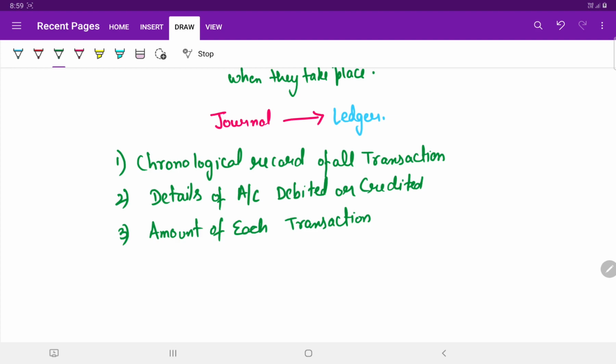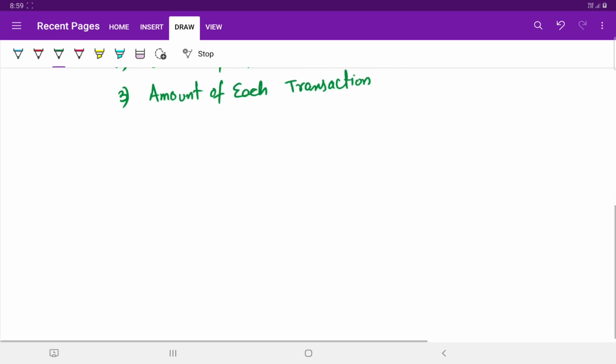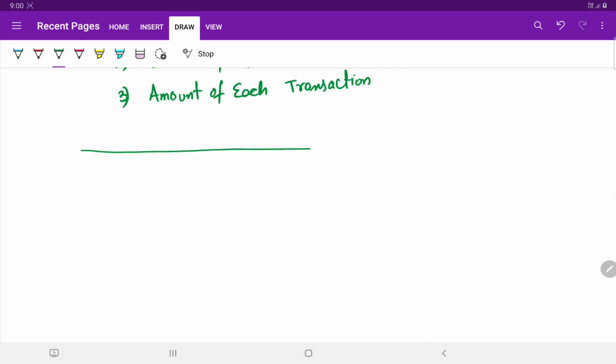So the format of the journal can be made as follows. Students, this is simply a model or the format of the journal I am drawing here. There are a total of 5 columns in this.